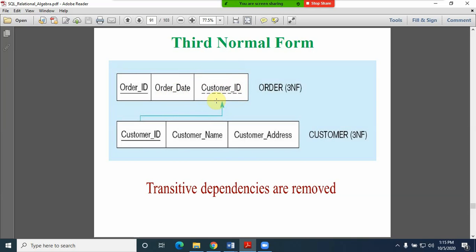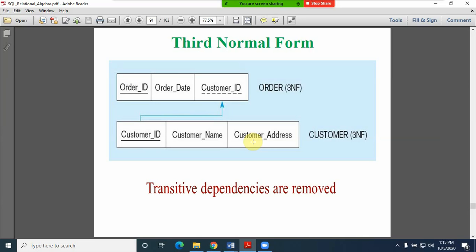This foreign key is referenced by the customer table, which has the primary key customer ID, and depending on the customer ID we have customer name and customer address. There is no transitive dependency. With the help of the customer ID only you can get customer name and customer address.